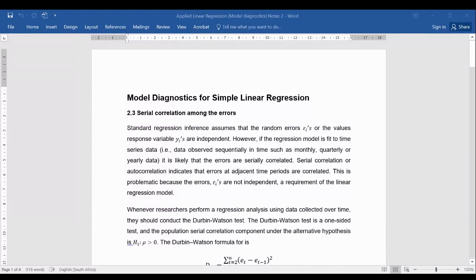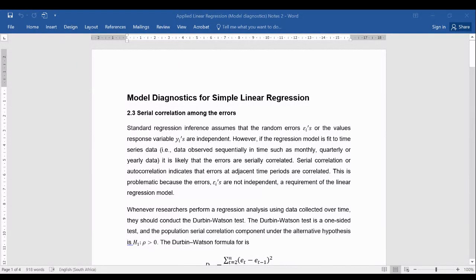When the errors are not independent, it affects the variances.